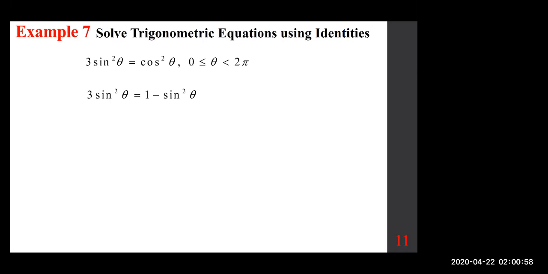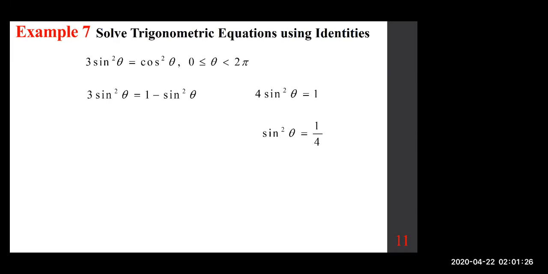We move the negative sine squared and we end up with 4 sine squared equals 1, which means sine squared must be equal to what? 1/4, right, class? 1/4.